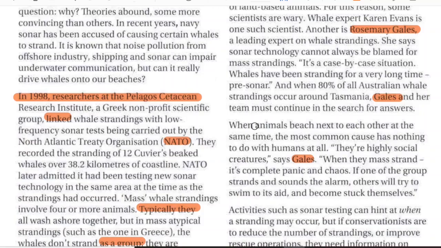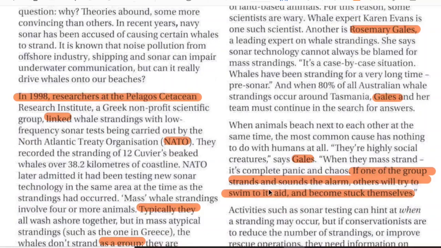When animals beach next to each other at the same time, the most common cause has nothing to do with humans at all. They're highly social creatures, says Gales. When they mass strand, it's complete panic and chaos. If one of the group strands and sounds the alarm, others will try to swim to its aid and become stuck themselves. So the answer is all in this sentence.